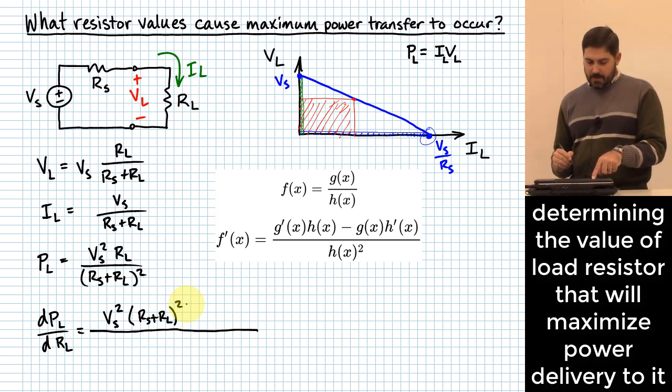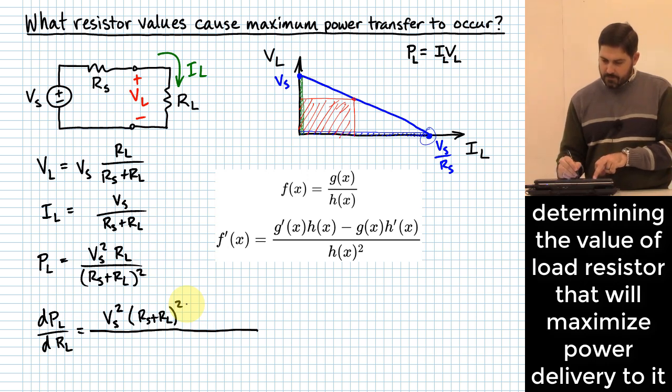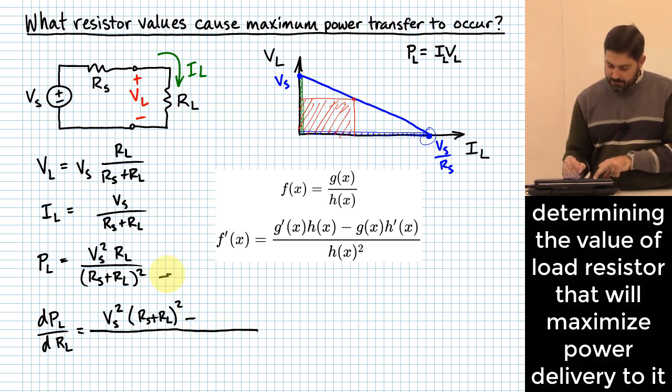Okay, so then what do I do after that? Subtract the derivative of the denominator. What's the derivative of the denominator? That's kind of more messy, isn't it? What's the denominator? RS squared plus 2RS RL plus RL squared.